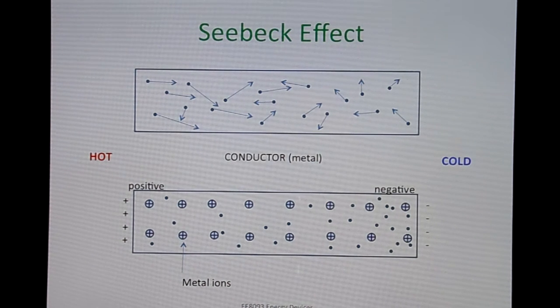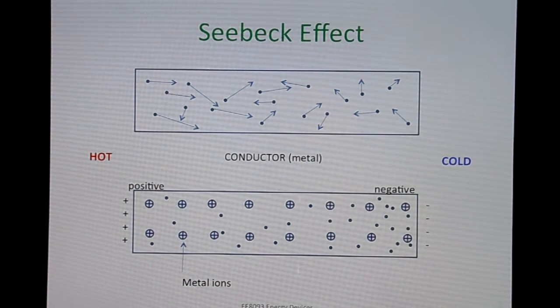The velocity simply means the speed and the direction. So if you have a longer arrow, it means that the electron is moving faster. And if the arrow is very short, it means that the electron is moving slower in a certain direction.